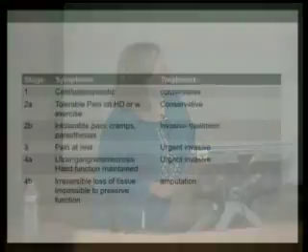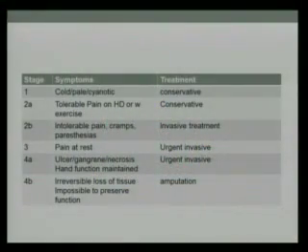Okay, and looking at the management by the stages that we talked about, essentially a cold, pale, cyanotic hand that's not painful, that's conservative management, as long as the fistula is working properly. The surgery literature divides these stages into 2A and 2B. 2A is where you have pain, but that pain is tolerable, and you have the pain on hemodialysis or with exercise, and that's more of a conservative treatment.